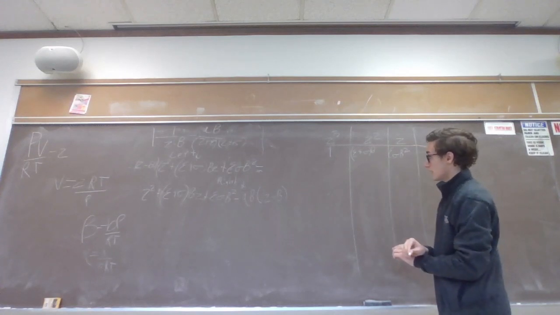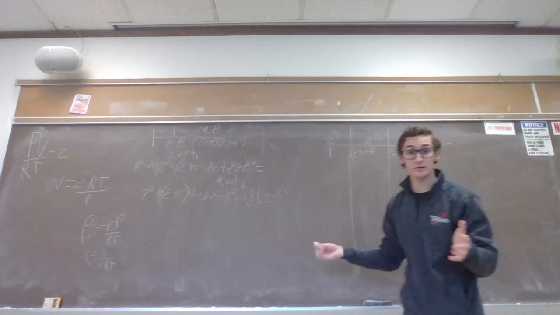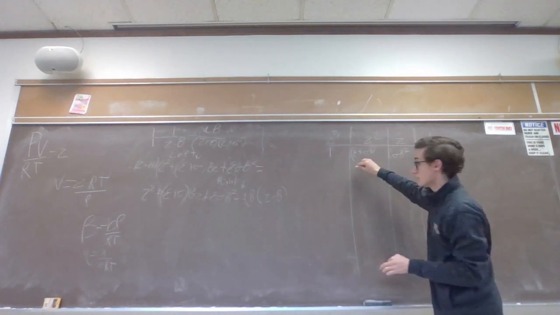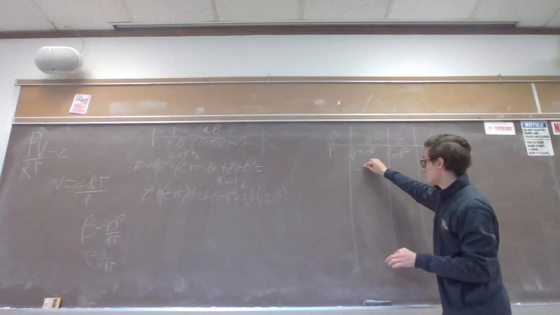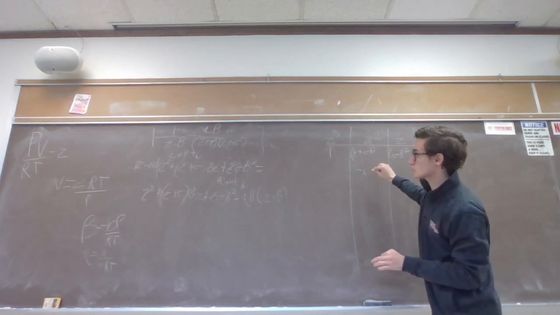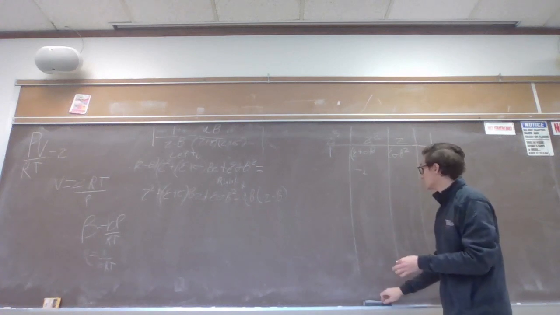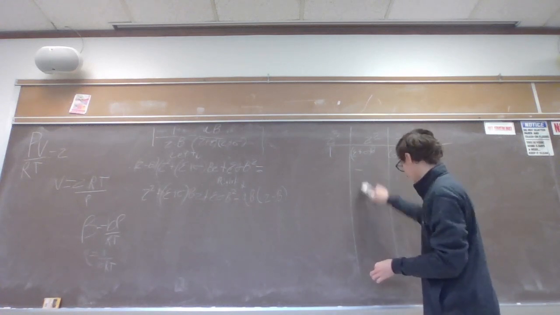Okay? And now let's multiply by our negative b. So in our z squared, we're going to have negative b. Just negative b. Oh, geez, that's ugly. First, it's going to be negative b.